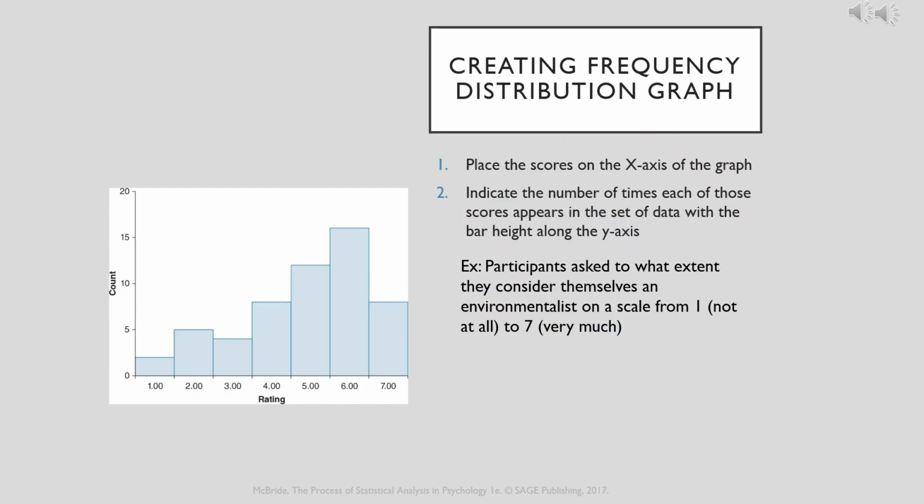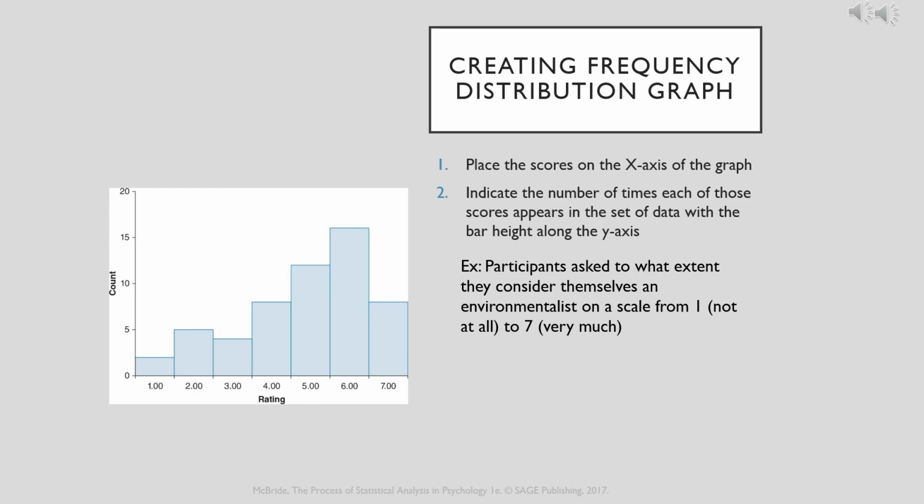Now, frequency tables are really, really useful, and you see them all the time in research papers. But at the same time, it can be even more useful sometimes to display data visually by using a frequency distribution graph like this one. So it took the same numbers that we saw in the frequency column and the score column from that frequency distribution table and turned it into a histogram.